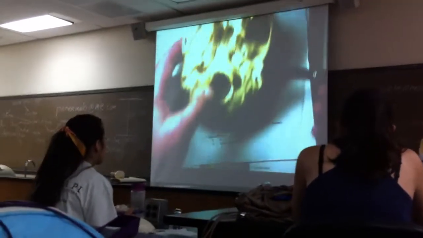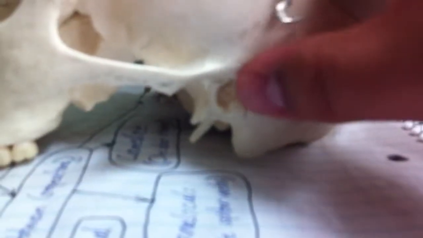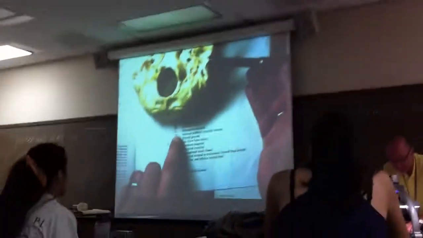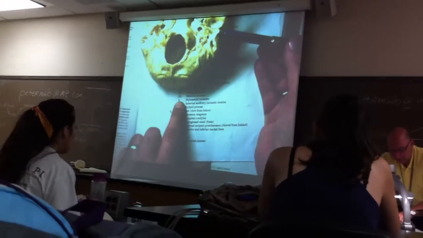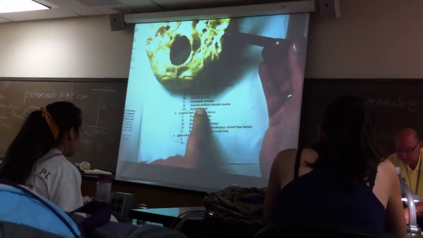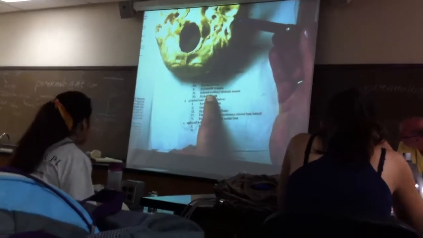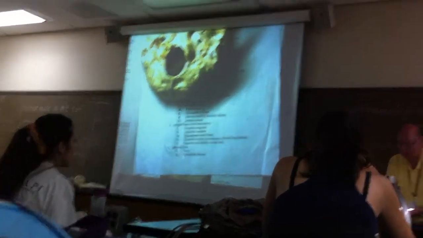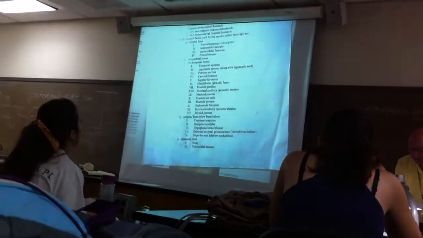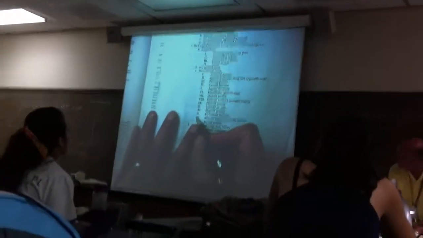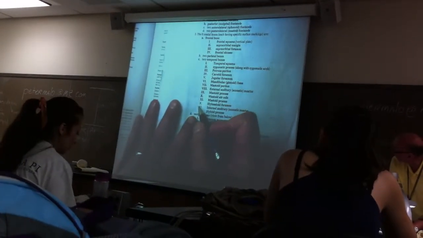Alright. Now, while we're talking about auditory meatus, come down to number, you duplicated the numbers here, this would be 11, 12, 13. Come down to where it says internal auditory meatus. Okay, internal auditory meatus. Here's what I want you to do. I want you to take your pen, pencil, whatever.